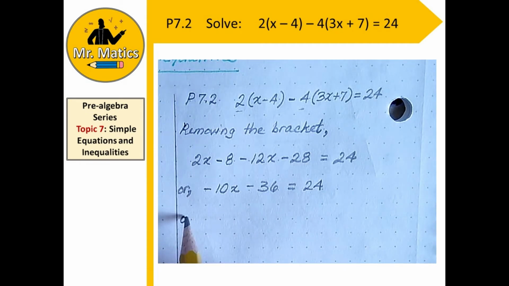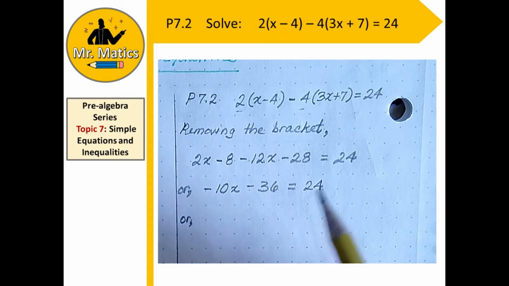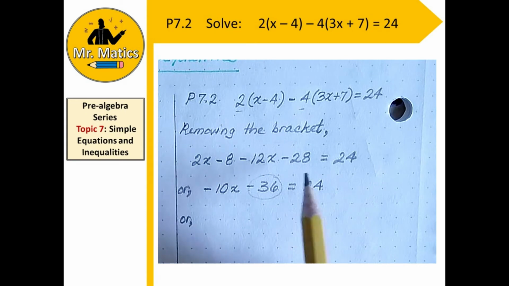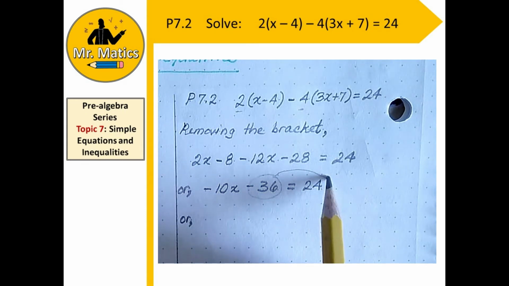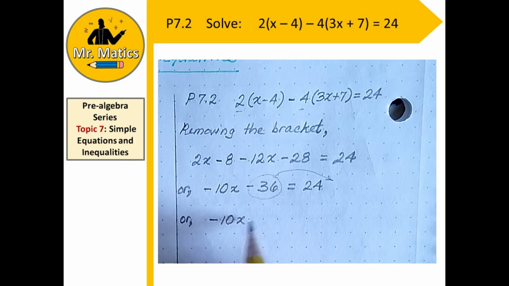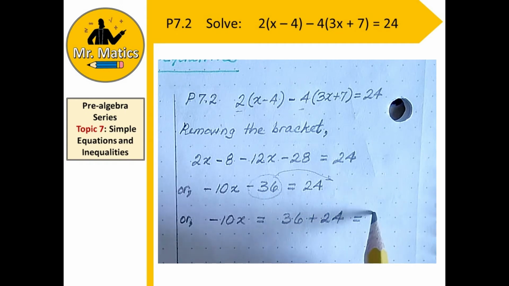Or minus 10x, and here we see again a known quantity. I'll transfer it to the other side. As minus 36 crosses the bridge, it becomes plus 36. So minus 10x is equal to 36 plus 24, and we know that this is 60.